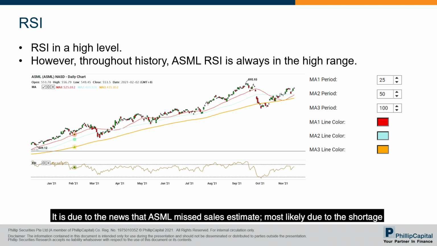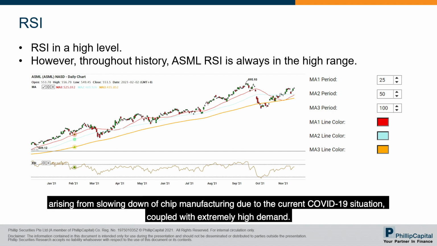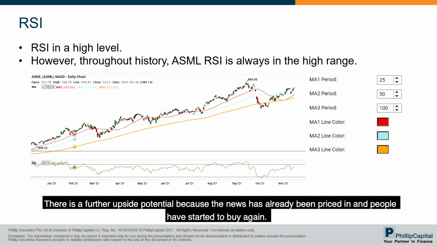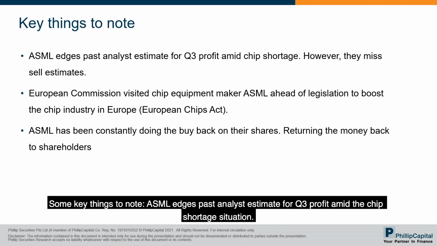It is due to the ASML news that they missed the sales estimates, most likely due to the chip shortage right now and chip manufacturing slowing down due to the COVID situation, and the demand that is already extremely high. So there's further upside potential, because at the end of the day this news has already been priced in and people are starting to buy again.